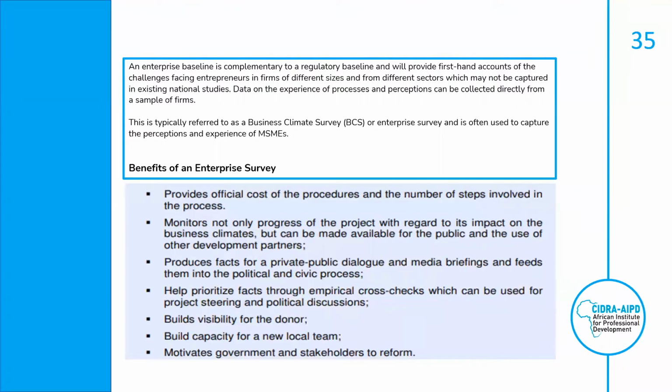An enterprise baseline is complementary to a regulatory baseline, and it will provide firsthand accounts of challenges facing entrepreneurs and firms of different sizes and from different sectors, which may not be captured in an existing national study. Data on the experience of processes and perceptions can be collected directly from a sample of firms.